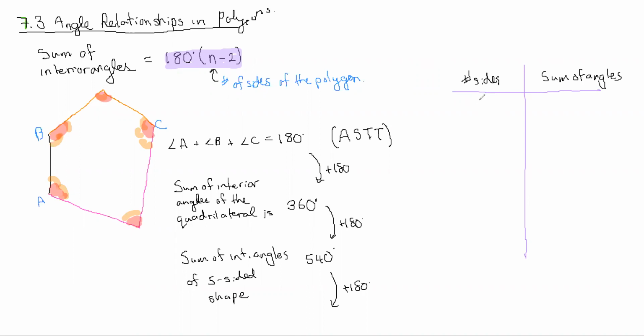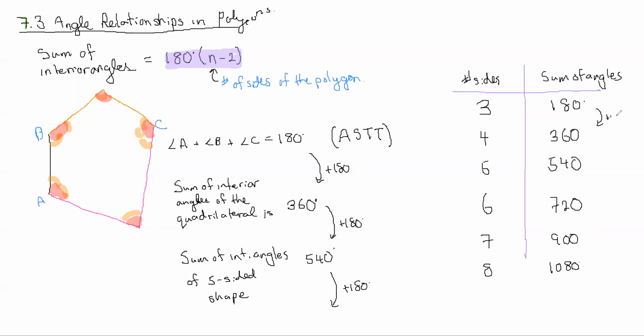The smallest shape has to have three sides. The sum of the interior angles is going to be 180 degrees. If it's four sides, it becomes 360. If it's five sides, 540. If it's six sides, add 180 to it. Mental math, that should be 720. Seven sides, it should be 900. And let's go as far as eight sides, it should be 1080.